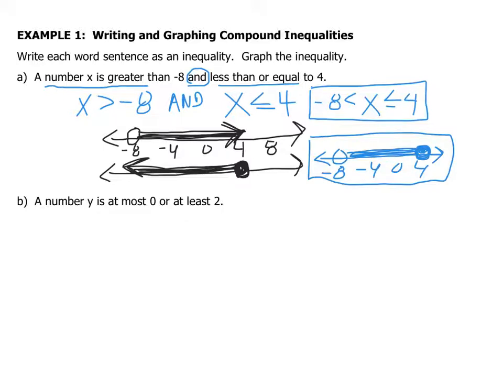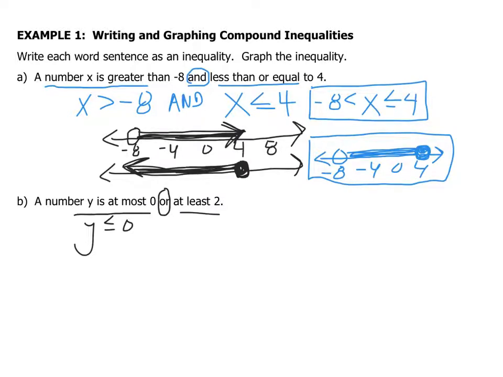On the second example, we have y is at most 0 or at least 2. As two separate parts, y at most 0 means it could be 0 or less than.